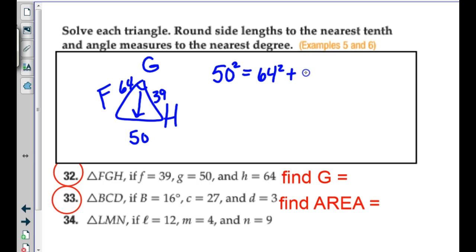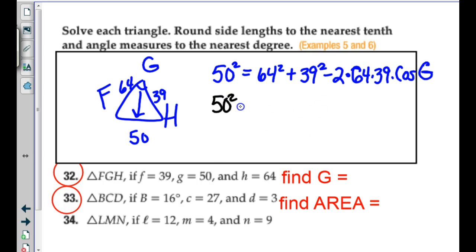64 squared. Okay. Cosine of whatever we're looking for, right? Okay, now what are the steps to solving though? What am I going to subtract from that guy?